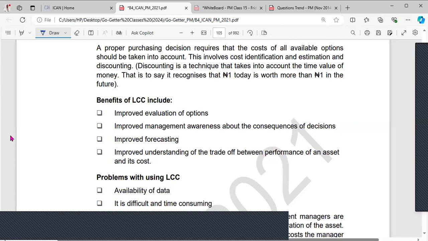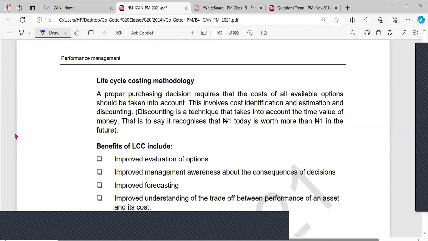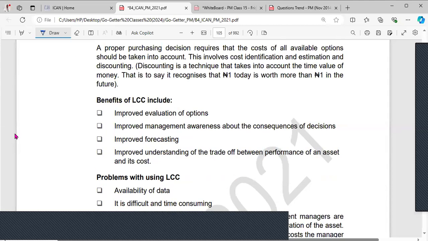Then there is going to be an improved management awareness of the consequence of their decision. So you're not just making a purchase, you're looking at consequences of your decision. Then there is improved forecasting. Like in the case of Lorry A and Lorry B, we are forecasting how many miles it is going to run before you make services. And you're also saying that your running cost per mile is 750.